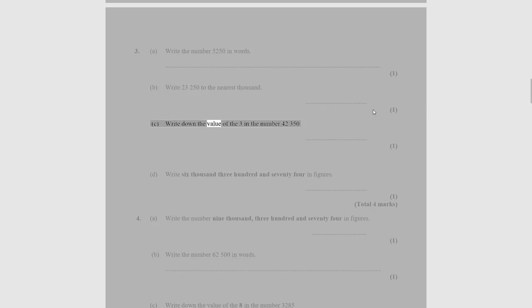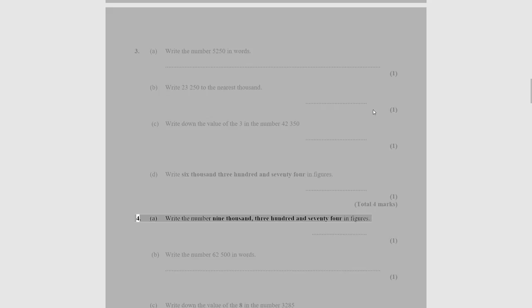Write down the value of the 3 in the number 42,350. 3d. Write 6,374 in figures. Total 4 marks.